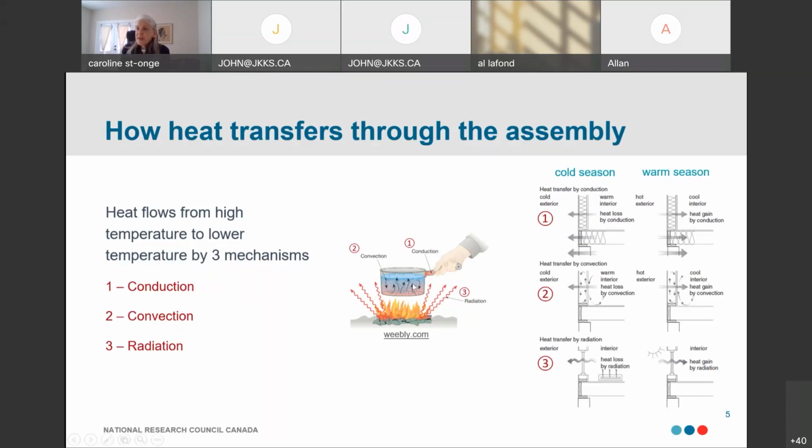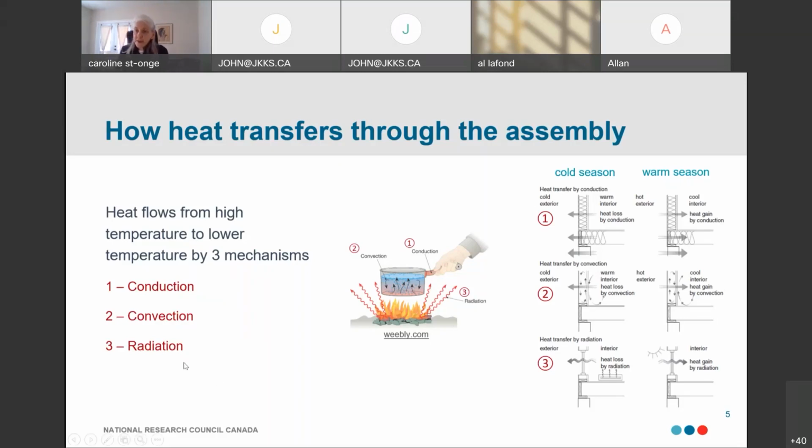You have the liquid warmed up at the bottom, and as it rises, it gives up its heat to the colder section of the liquid, creating a convection loop. This happens in the wall assembly along the exterior wall and within cavities where there is airspace, if there is no insulation or if there is an airspace.